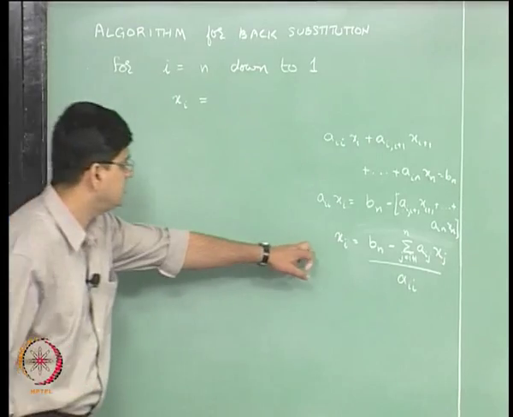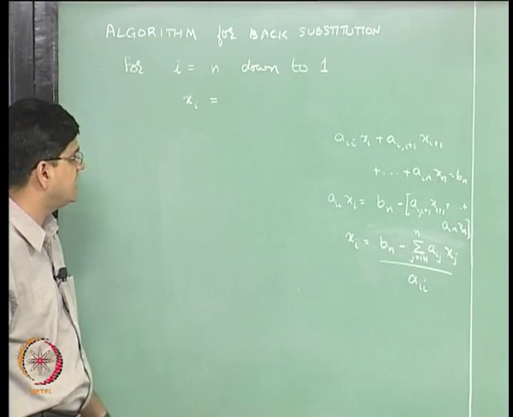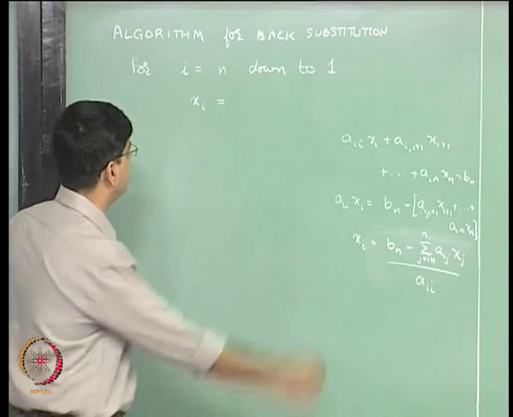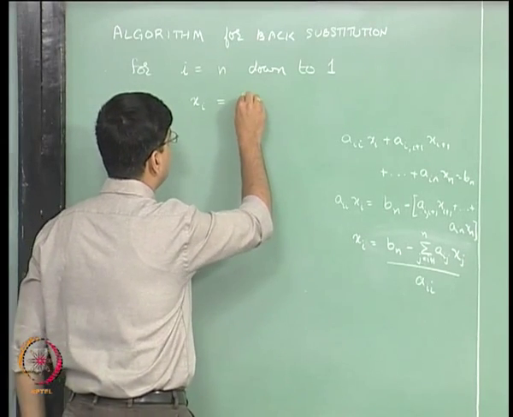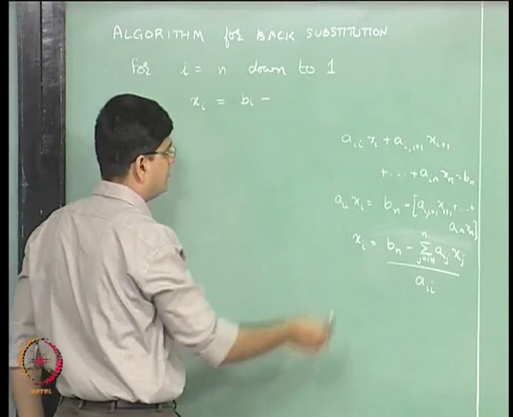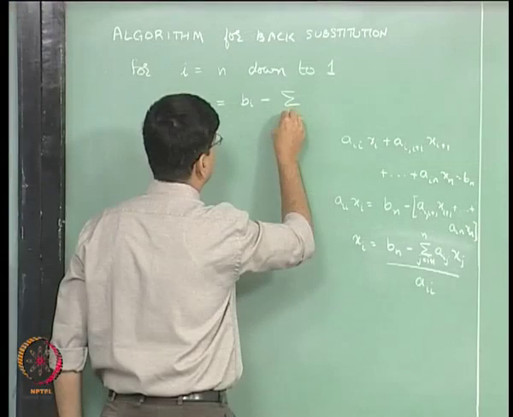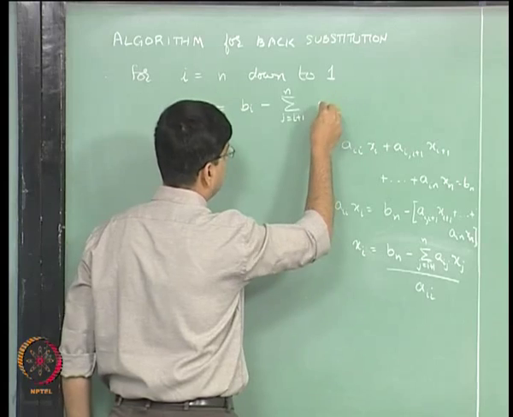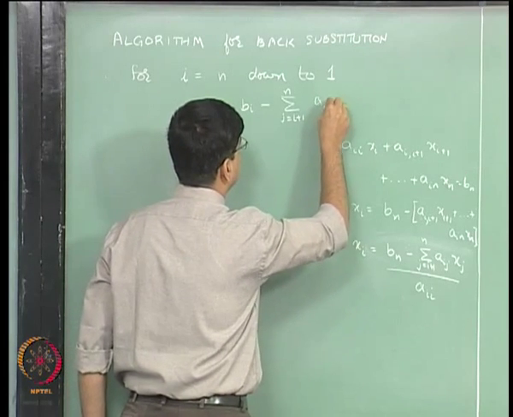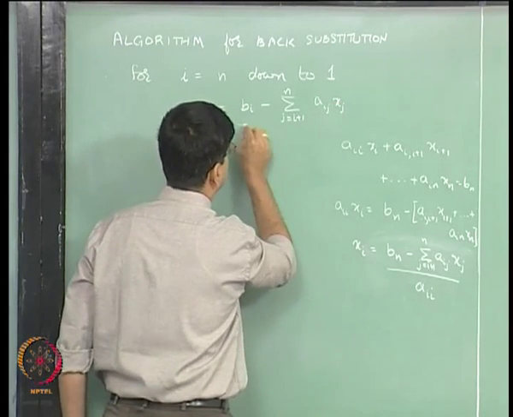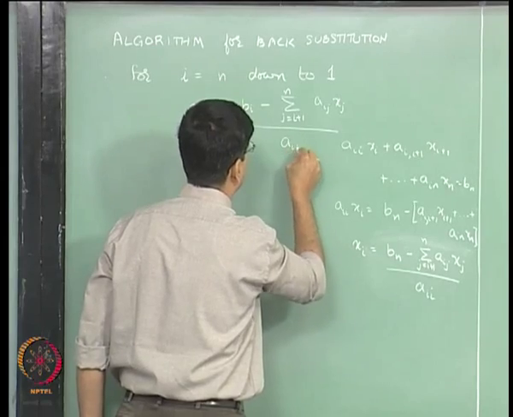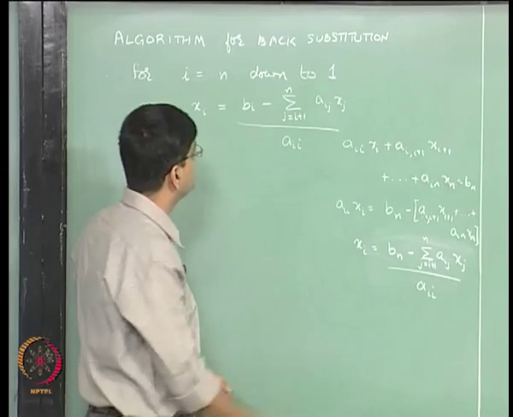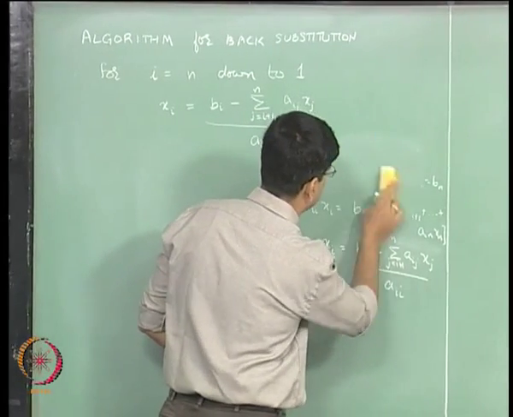Okay. So this is the value of xi that we are going to get. So for i equal to n down to 1 we are going to compute xi equal to bi minus summation j equal to i plus 1 to n aij xj divided by aii. Okay. So this is how we are going to compute the back substitution step.